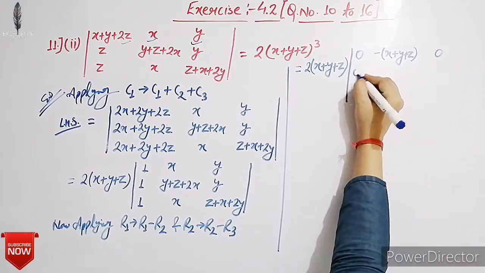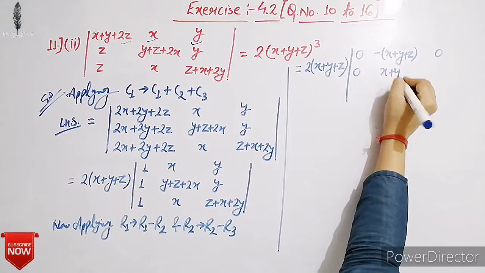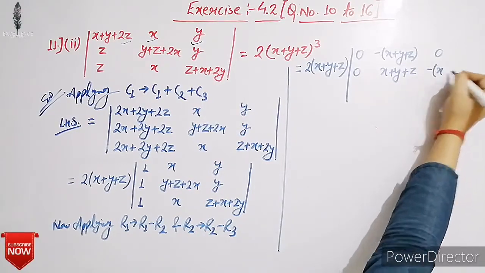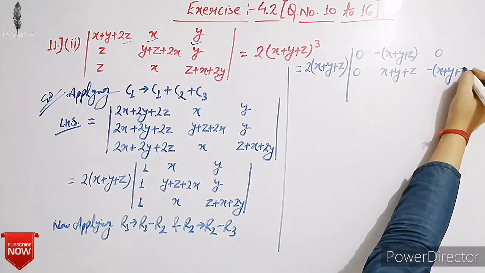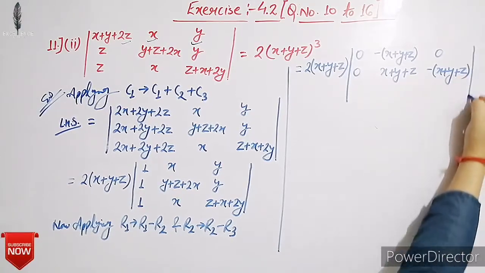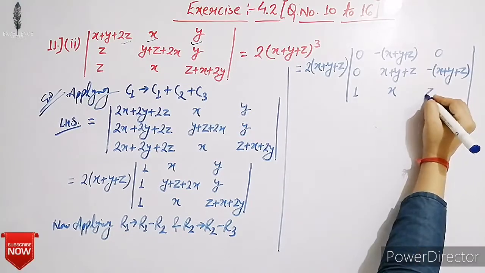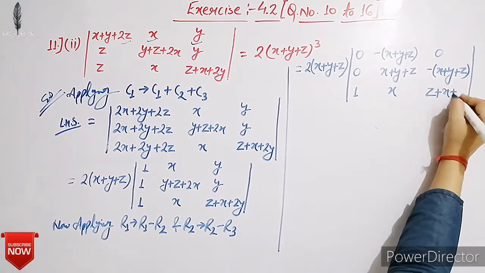Now R2 minus R3, so it is 0. Here x plus y plus z and here minus x plus y plus z. R3 is same, that is 1, x, z plus x plus 2y.